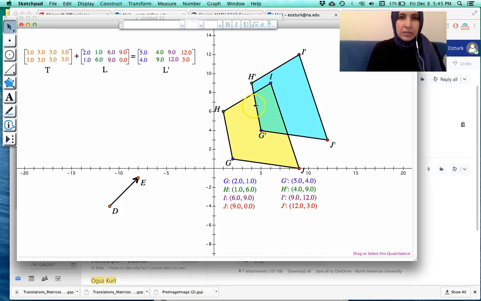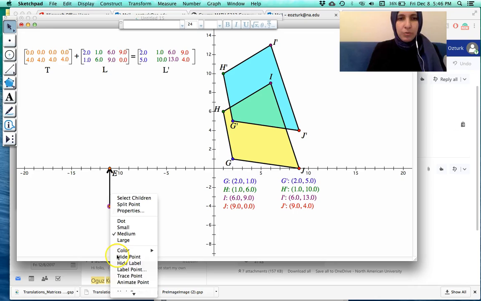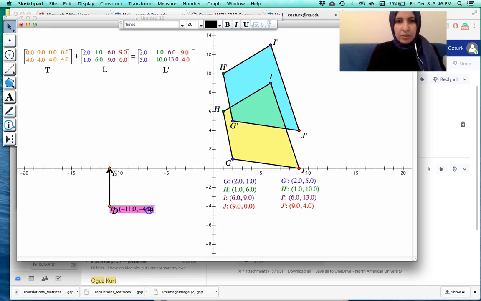Yes, if I write there, which one? D as a, where is D? It represents D3. They can do that. Let's find the coordinates of D and E. This is D. And I will ask them, translate these quadrilaterals by DE.